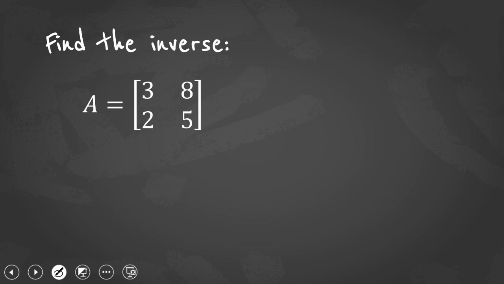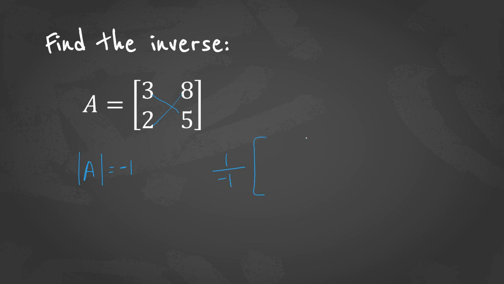So let's work through this a little bit. We're going to start by finding the determinant of A. First of all, this is going to tell us if the matrix has an inverse, and then we're going to use it in our process. Remember, we multiply 3 times 5 is 15, minus 8 times 2 is 16, which is negative 1. So I'm going to multiply 1 over negative 1 times the matrix where I switch A and D. So this becomes 5, this becomes 3.